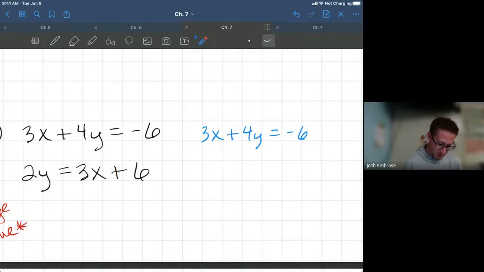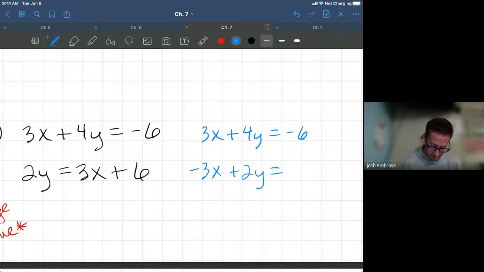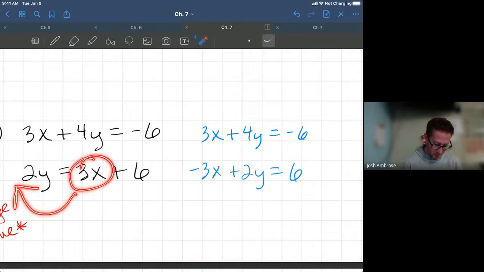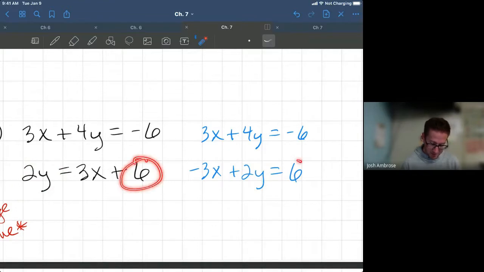And when I do that, that makes it -3x plus 2y equals +6. You'll notice I only took the 3x and moved it over. I kept the 2y, so they're both still 2y. I kept the 6, so both are still +6. Okay, but notice how everything lines up.